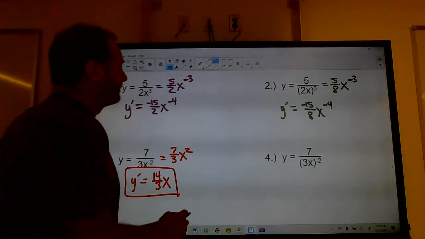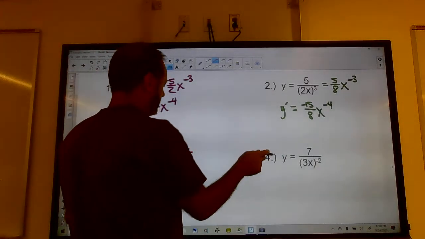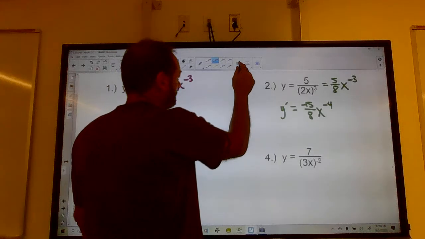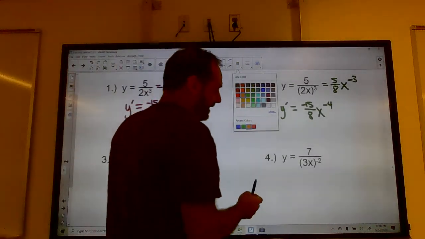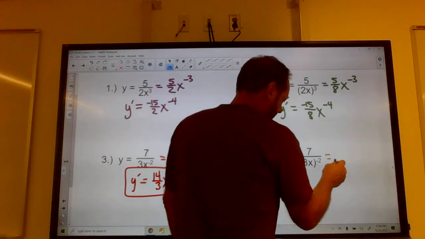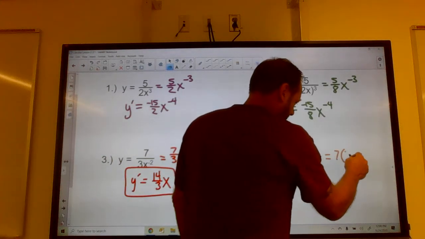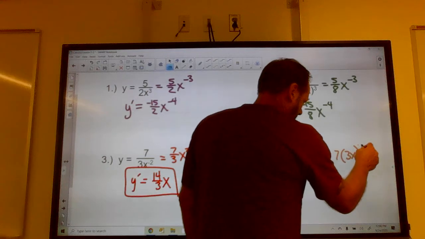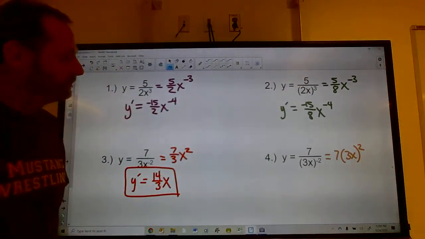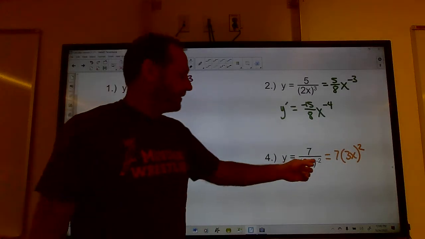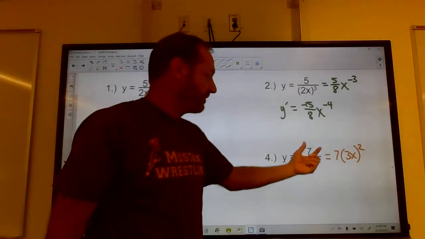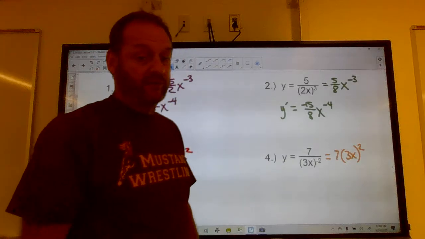Now this one, everything's in the denominator. So I would deal with this negative power first. This is the same thing as 7 times 3x to the second power on the top. Remember, if you have a negative power in the denominator, you just move everything with the negative power to the top and make it a positive power.